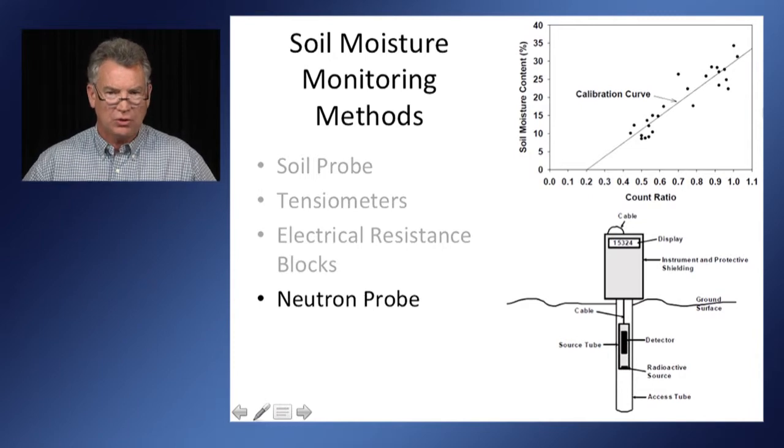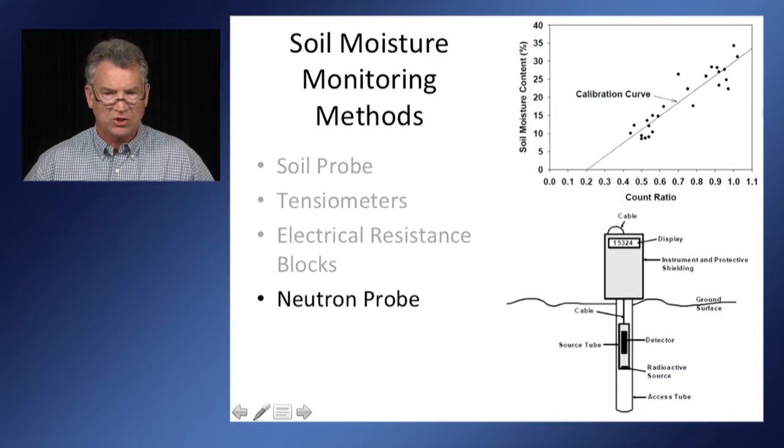Neutron probes are also being used. They're used often by researchers and consultants alike. They basically have an americium beryllium radioactive source that throws out a small amount of radiation, and that particle radiation interferes with water molecules.